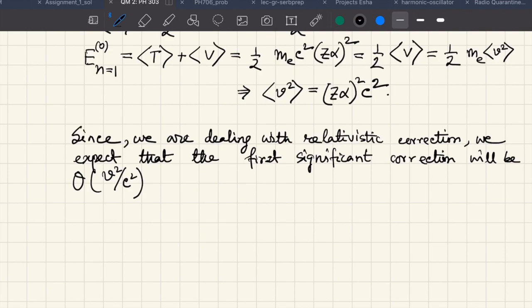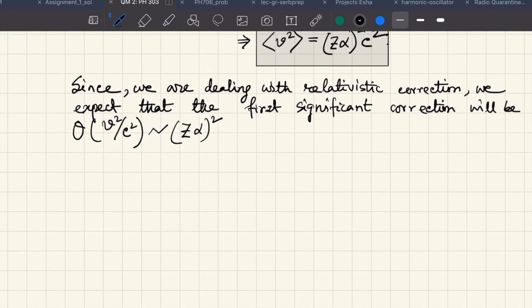And this implies, since we have just now shown that v square is of the order of z alpha square into c square, that this is of course of the order of z alpha whole square. So z alpha whole square indeed should be the small parameter that we are thinking of using as the expansion parameter, the series expansion parameter for perturbation theory.